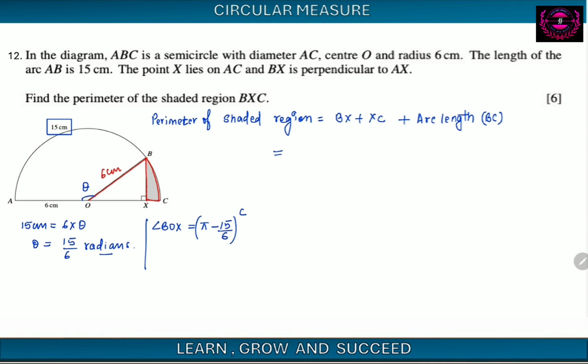So using triangle BOX, BX equals to 6 sine of pi minus 15 by 6, and OX equals to 6 cos of pi minus 15 by 6. So you will get BX as 3.59 centimeter and OX as 4.807 centimeter.